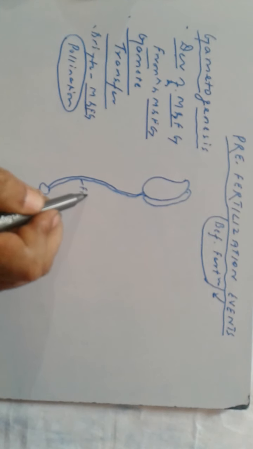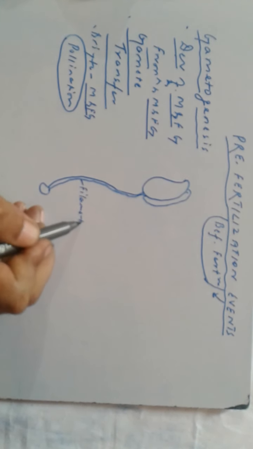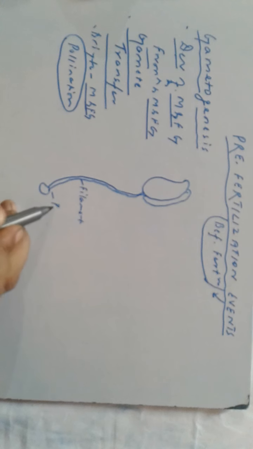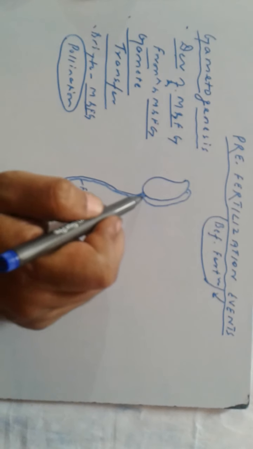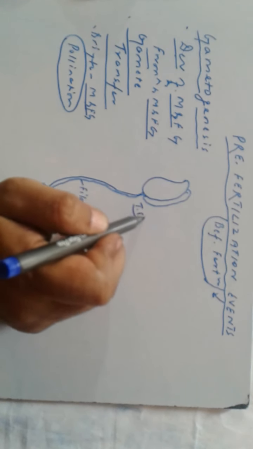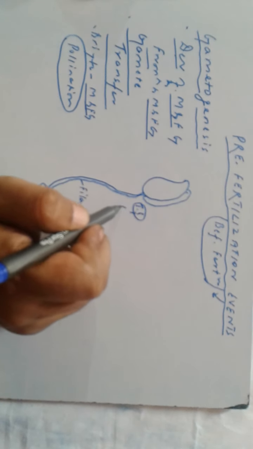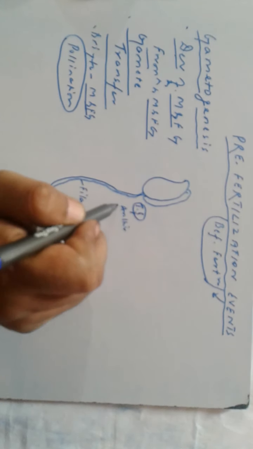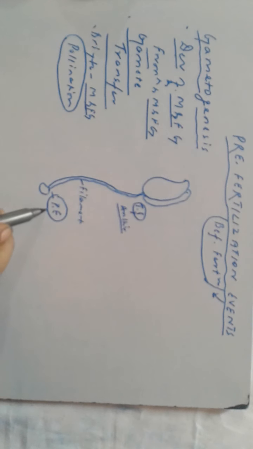This is the filament, and this is the proximal end, and this one is the terminal end. The terminal end is attached to the anther, and the proximal end is attached to the thalamus or petals.